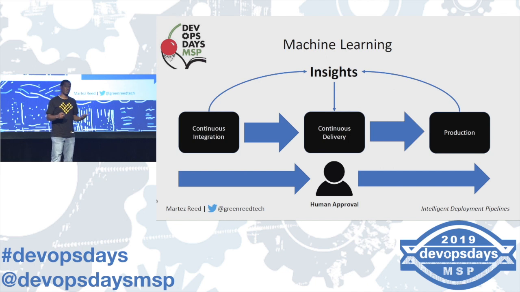For me, one of the things around leveraging those insights is ingesting all of that data from our continuous integration process, our continuous delivery process, and even production, and feeding that into a central point where we, as human beings, can look at this information in a more sensible manner and make our decision about when to push to production. I'd have almost like a dashboard that says, this is what things look like. Yes, it's probably a good time to push to production. No, it's not a good time to push to production.